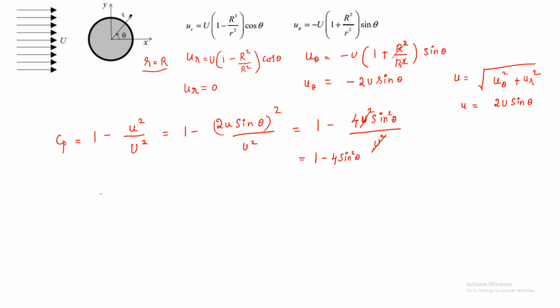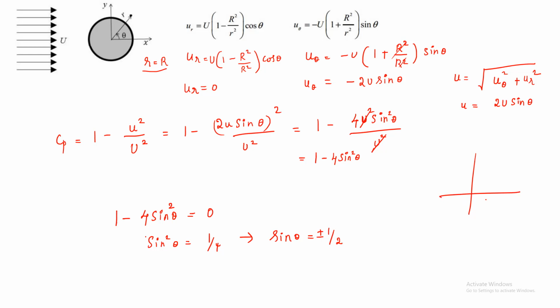We have to find the location at which our coefficient of pressure becomes 0. So we equate 1 minus 4 sin squared theta to 0 to get the angle. So 4 sin squared theta is equal to 1, then sin squared theta is equal to 1 by 4, which gives sin theta equal to plus or minus 1 by 2.